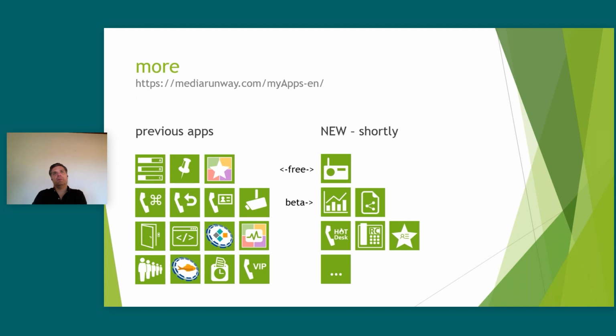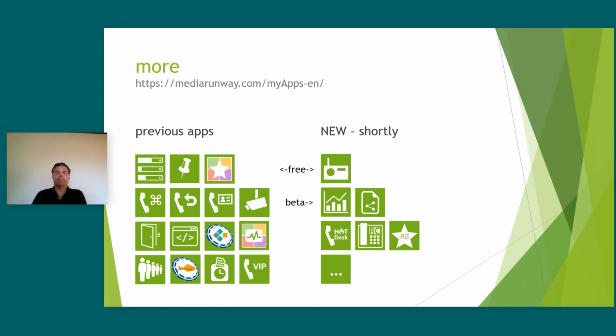And on the right side, you see our shortly new apps. The first one is an internet radio app. It's also free. And the next 2 ones, the next line, are planned to be released firstly in a beta. And the next 3 ones will be released normally directly by licensing.